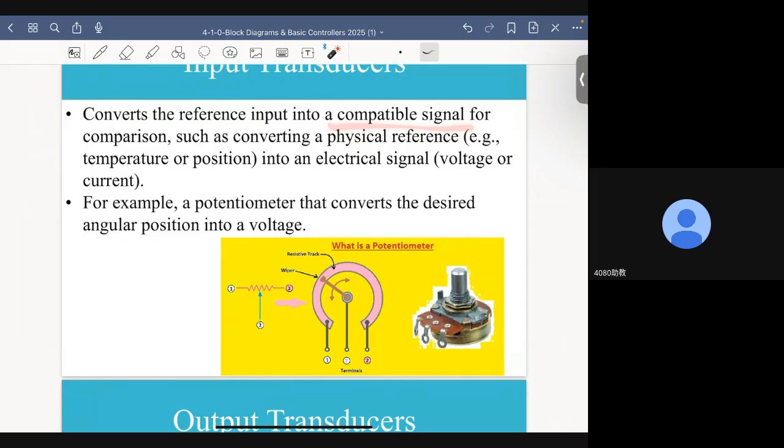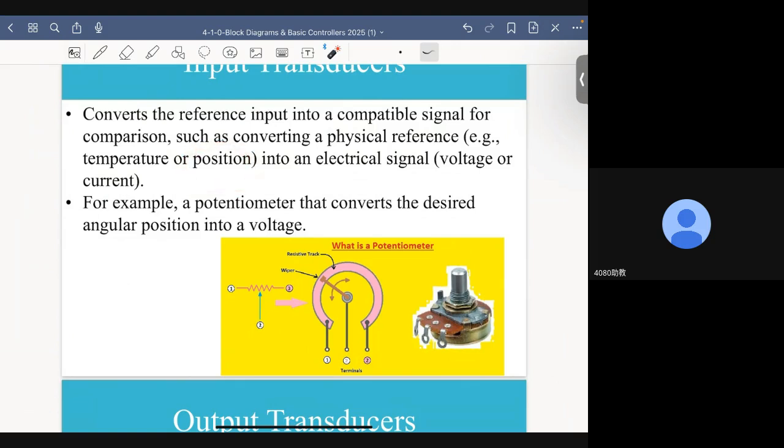Let me give you an example, such as converting a physical reference, for example, temperature or position. The target output for an air conditioner is temperature, and for a servo control system, the target output can be a particular position.